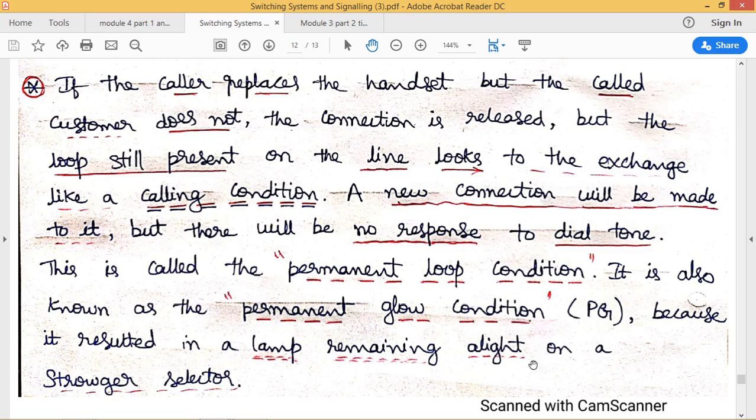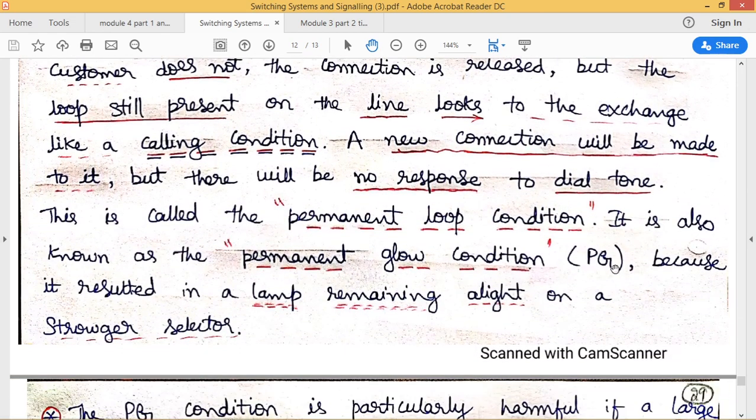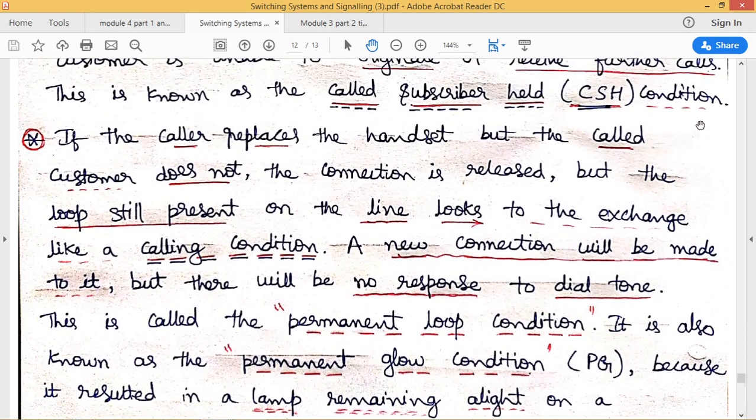So we have two conditions: the CSH, called subscriber held condition, because of the calling person, and the PG condition, permanent glow condition, because of the called customer keeping his telephone in his hand.